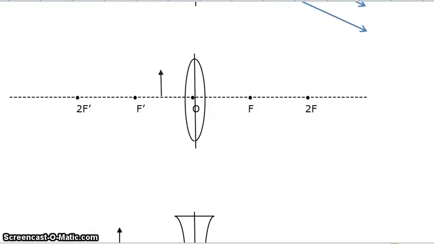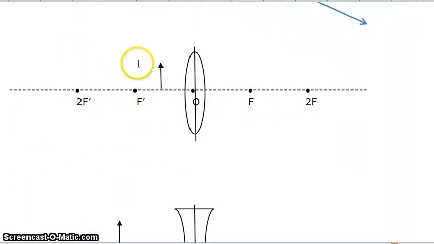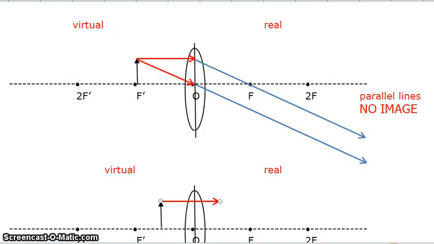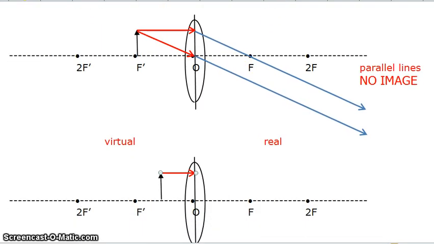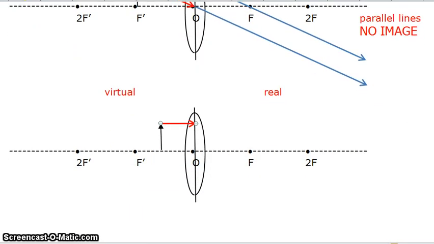Alright, well now we've moved from being on top of the virtual focal point to between the virtual focal point and the lens. So let's just start with our same rules. Virtual side, real side, parallel line, reflected through the real focal point.